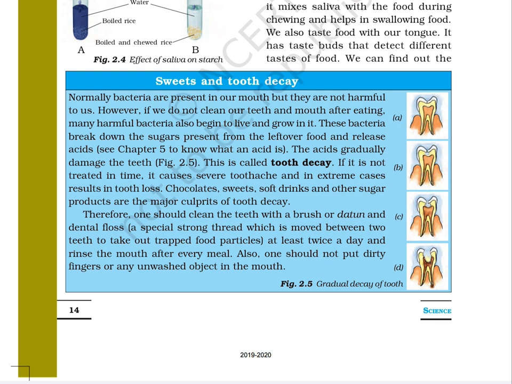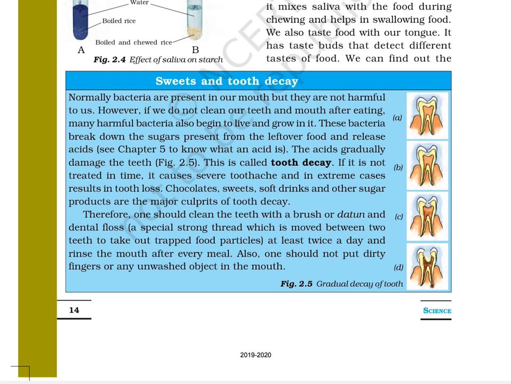These bacteria break down the sugars present from the leftover food and release acids. You will get to learn more about acids in Chapter 5. The acids gradually damage the teeth. We can observe this in Figure 2.5. This is called tooth decay.